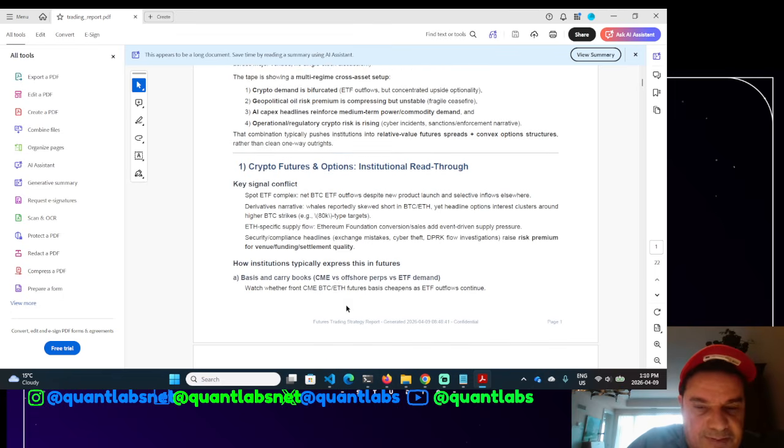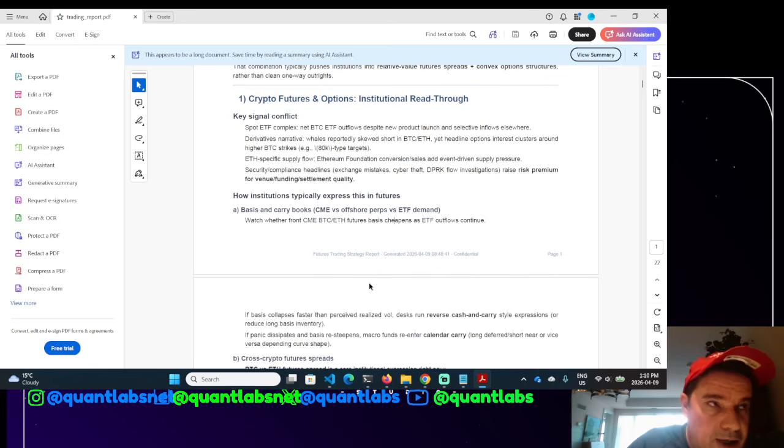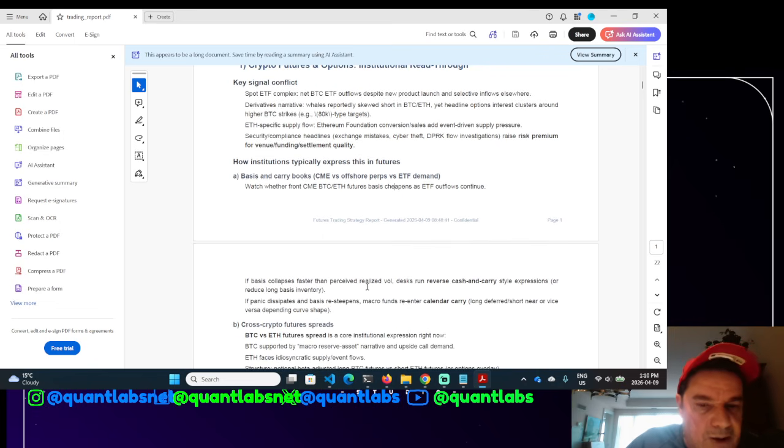And then based upon the AI, we'll figure all this out. We have a basis carry book, based upon CME versus offshore perpetual versus ETF demand. Those are the 3 dynamics that are going to impact the overall price of something like Bitcoin.